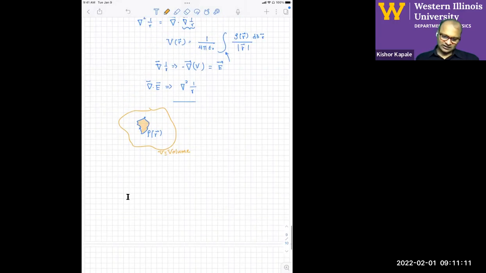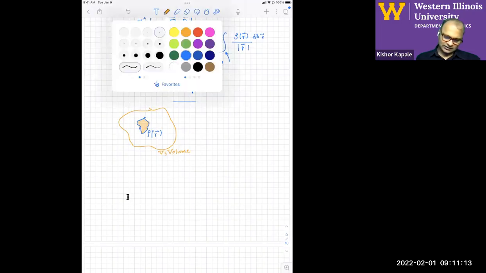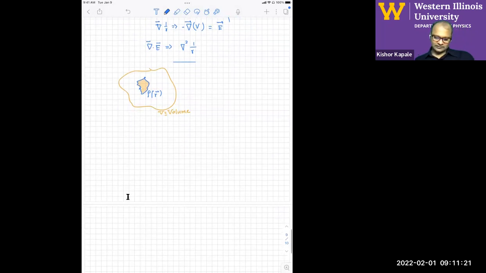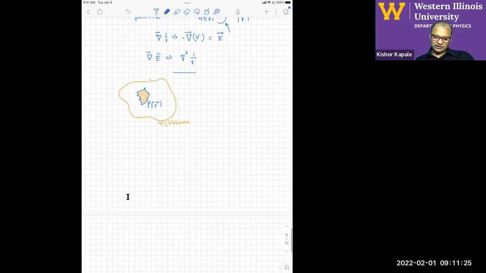That's the electric potential, right? So this is the scalar potential. Sorry for the bad choice of letters, but that's the idea. The enclosed volume does not have to be spherically symmetric.